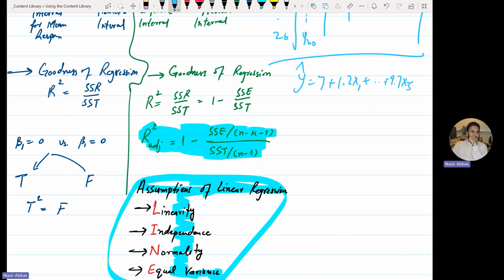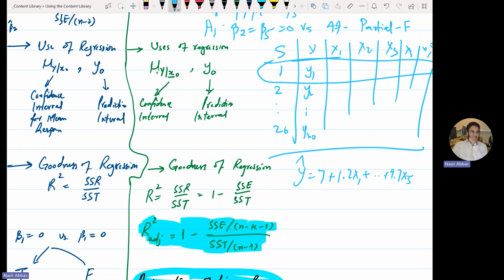So whether you are trying to estimate a single mean value of y or a single value, the point estimate will be the same. What will happen to the interval estimate? Different, narrower for the first one, wider for the second one. And what is the wording that we use for the interval estimate? Confidence interval for the first one, prediction interval for the second one.